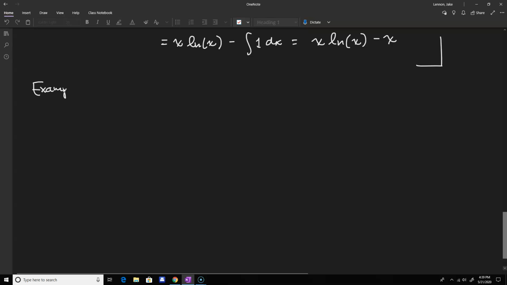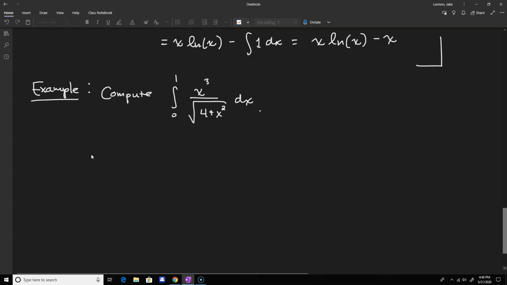So this combines the parts idea along with the substitution we've been spending so much time with. So let's compute the integral from 0 to 1 of x cubed over the square root of 4 plus x squared dx.